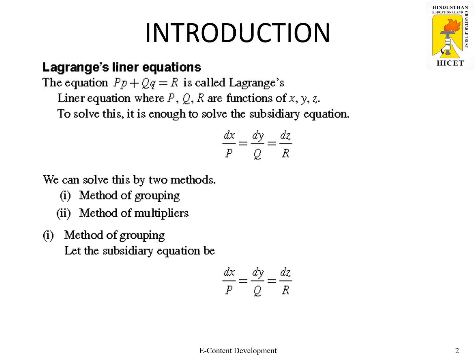So you have to find out the subsidiary equation, then you should find out the solution. There are two types we have to get the solution. One is method of grouping, the other one is method of multipliers.